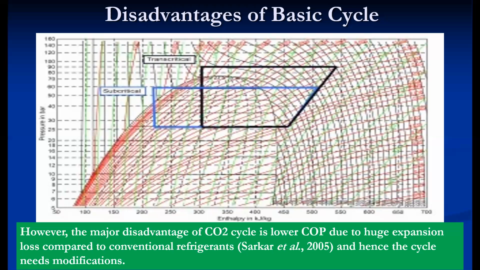That's why the basic transcritical cycle is not used in practice, but modifications are made, and we are going to discuss 6 modifications in coming lectures. Today's lecture focuses only on the basic cycle, whose major drawback is the huge expansion losses compared to the conventional refrigeration cycle.